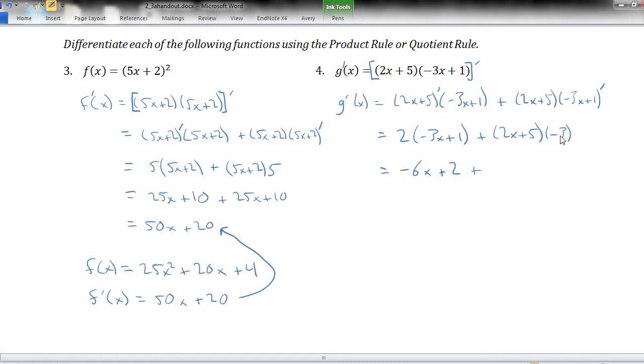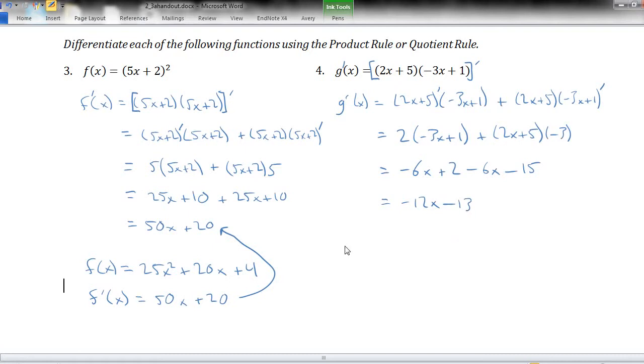And over here, if I distribute the negative 3, I get, let me change that to a minus sign, negative 6x minus 15. Combining the negative 6x and the negative 6x, we have negative 12x, and 2 minus 15 is negative 13. Okay, so negative 12x minus 13.